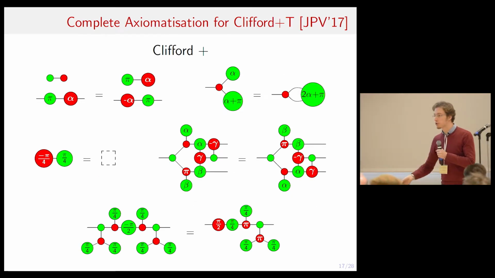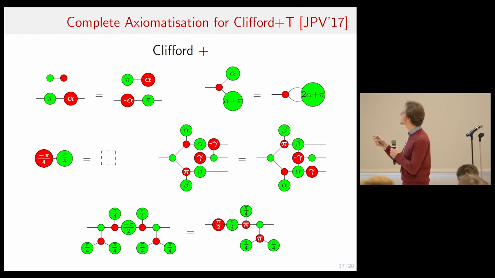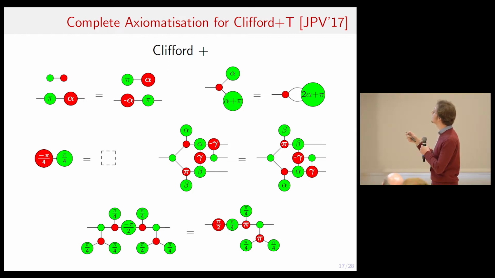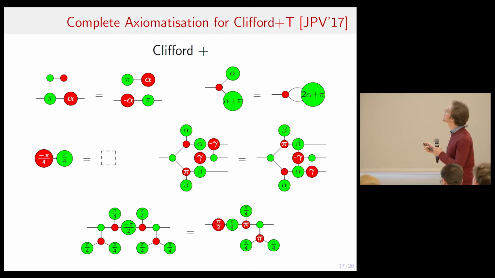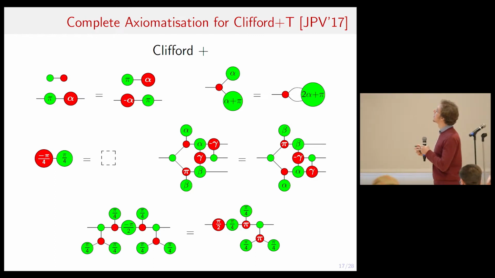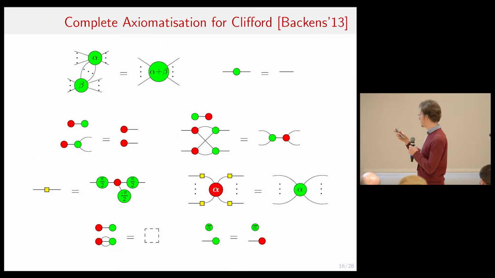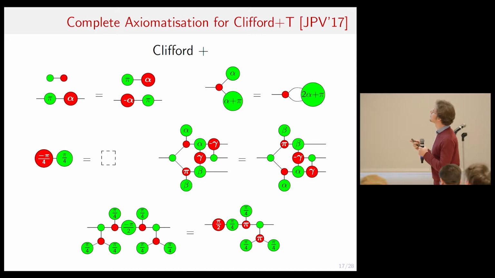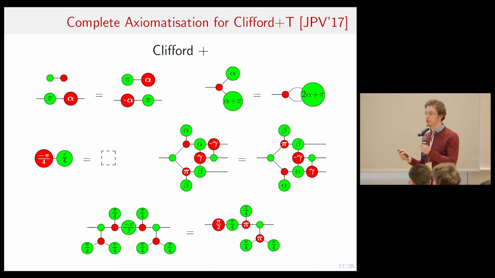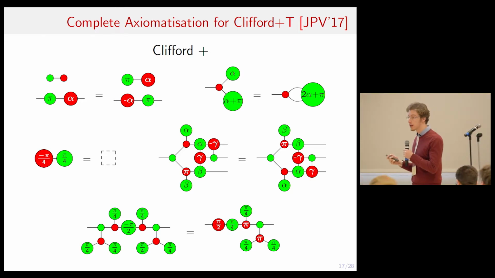We added a few new rules, some of which are fairly easy, some of which are not, clearly. And we showed that this set of rules added to the previous one allowed for a complete axiomatization for the Clifford+T restriction of the language.